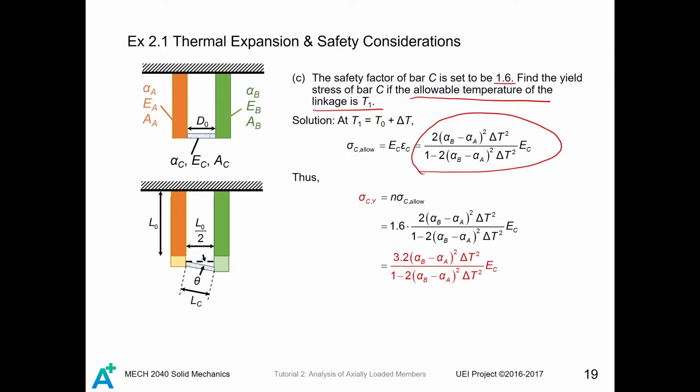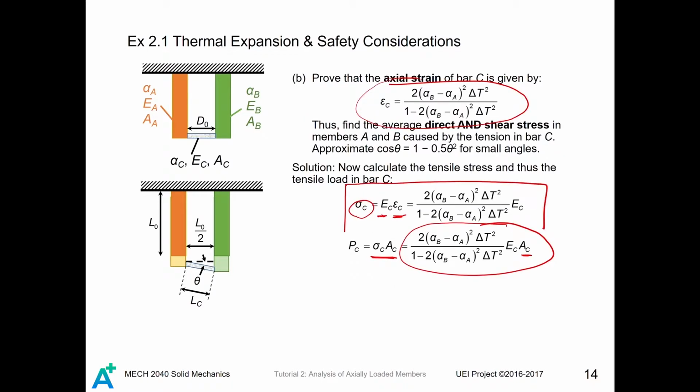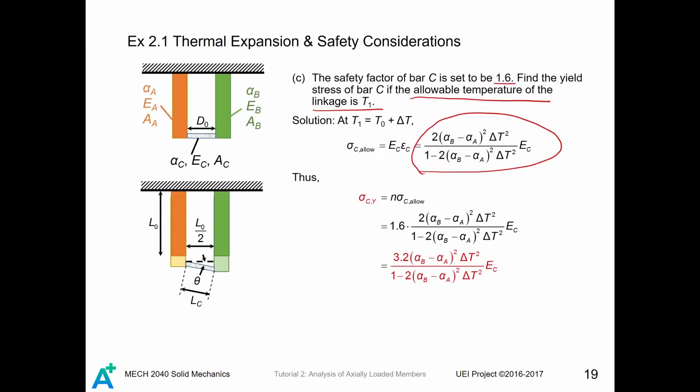Let me show you. It is here. So now the allowable direct stress is in this form. Therefore, we can find the yield stress by using the safety factor formula, which is 1.6 times the entire piece.